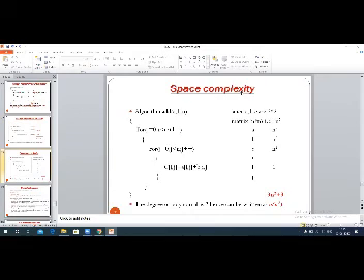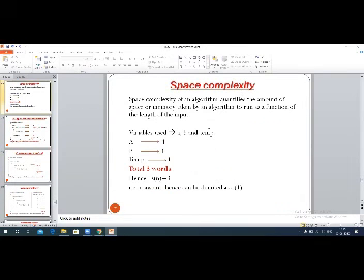Now space complexity. So what is space complexity? The space, or the memory, taken by your program for execution. That tells us the space complexity of your code. It will surely depend on the number of variables you are going to use in your program, because these are the factors on which the memory depends.